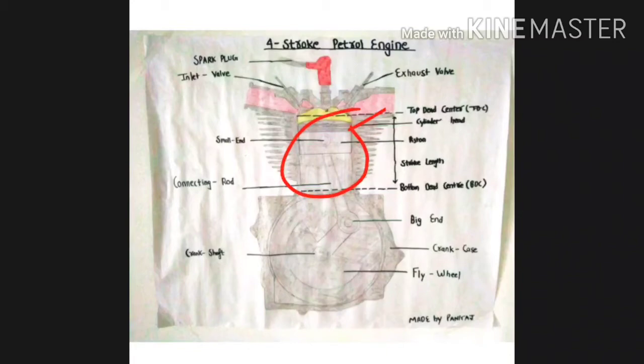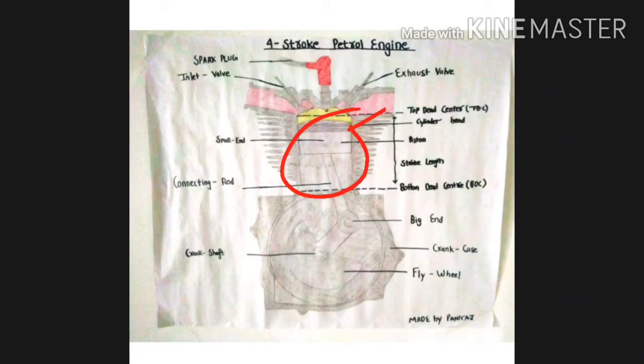And here you have to see the flywheel. The flywheel plays a very vital role, because the function of the flywheel is to provide motion regularly to the clutch and to the transmission. This is the main function of the flywheel.